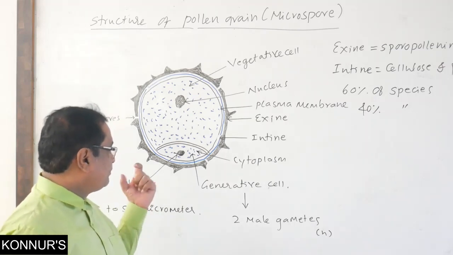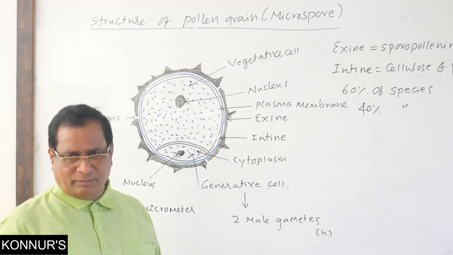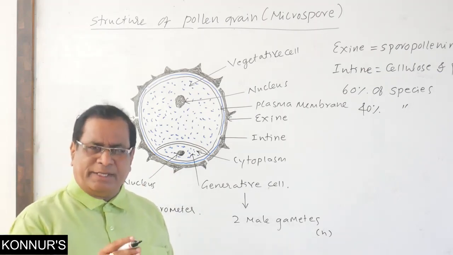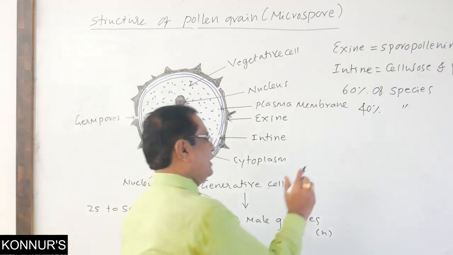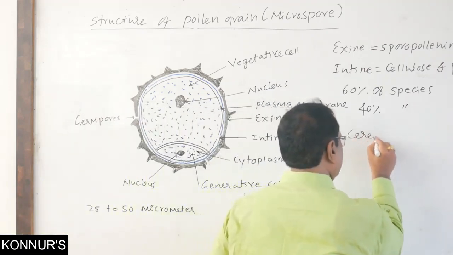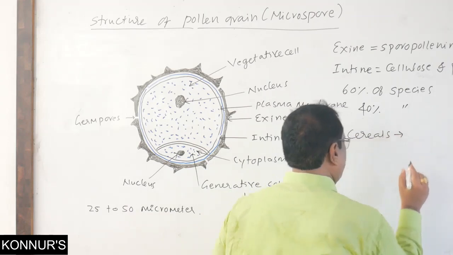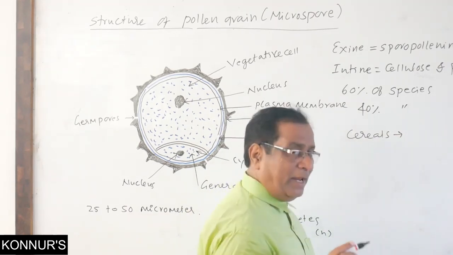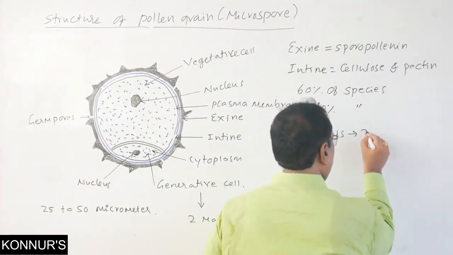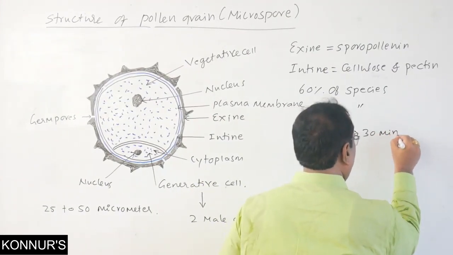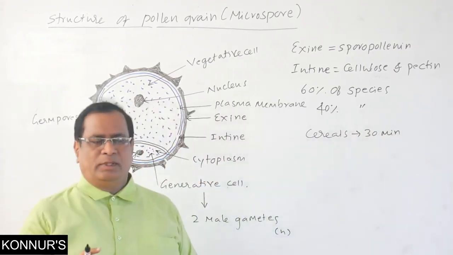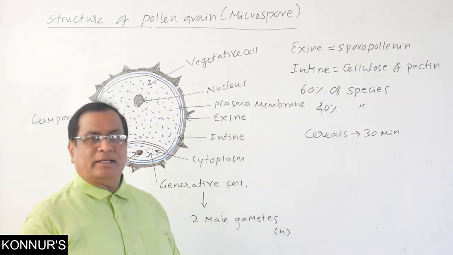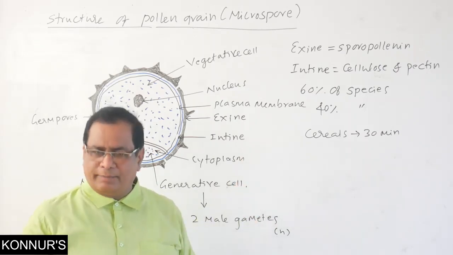And as far as the viability, its lifespan, it differs from species to species. In case of cereals, pollen grains can remain alive around 30 minutes after their discharge. They will survive up to 30 minutes in cereals like rice, wheat, jowar.